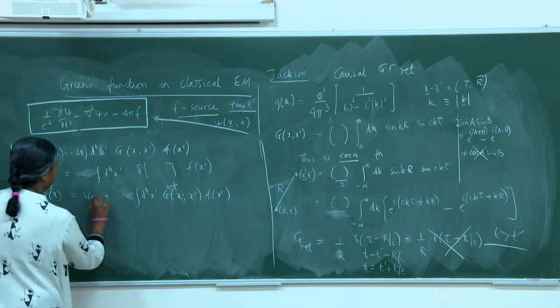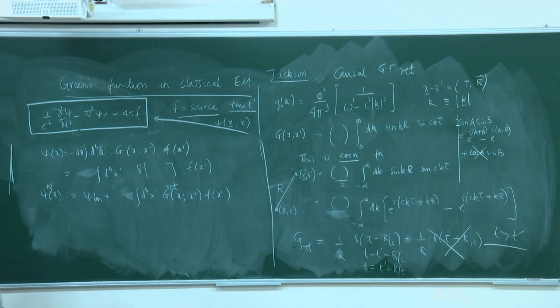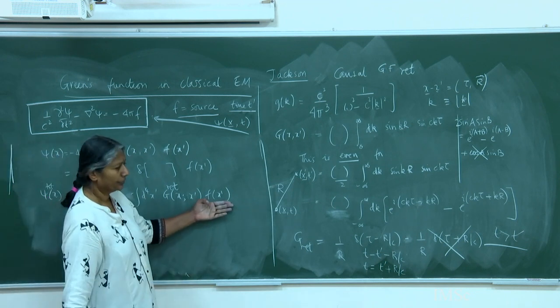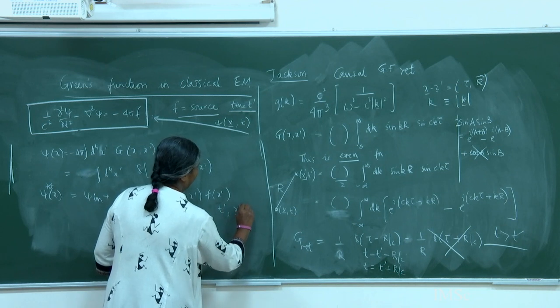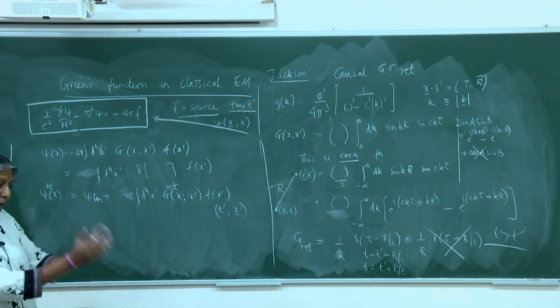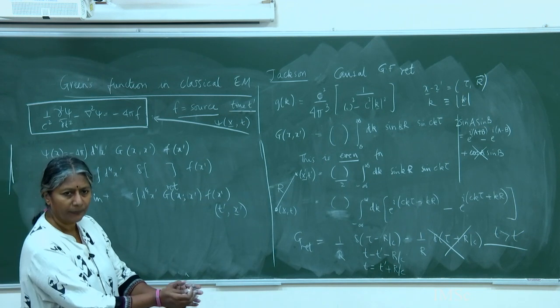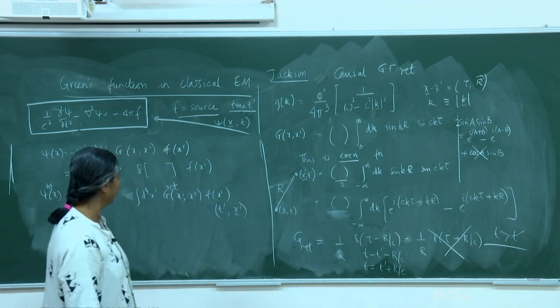So here I have a source at t prime and localized at x prime. The source is not all over the universe, it is localized in a region around x prime.